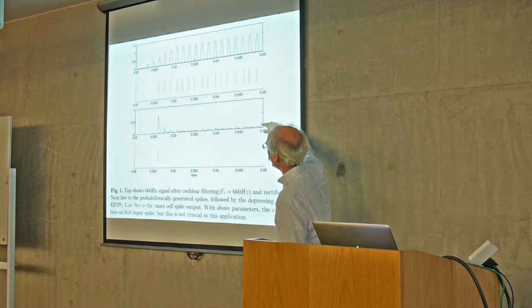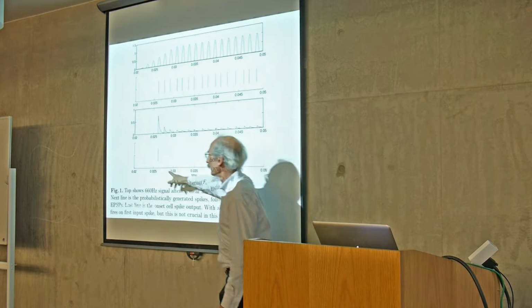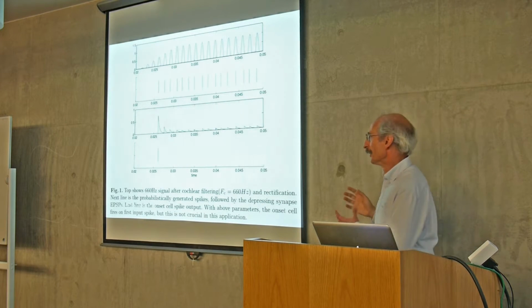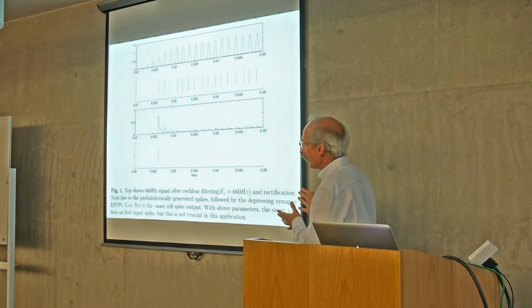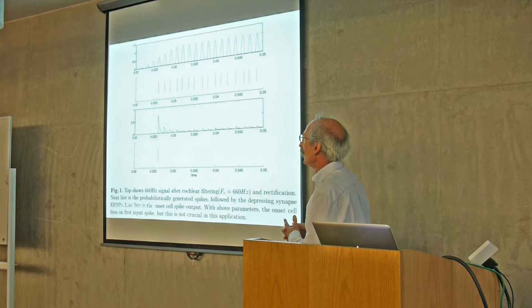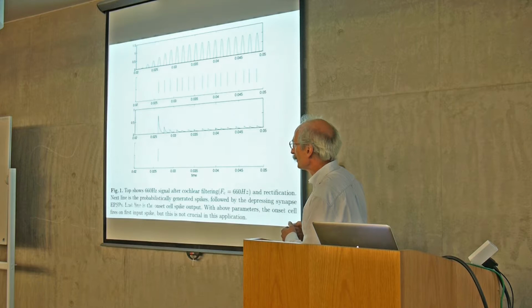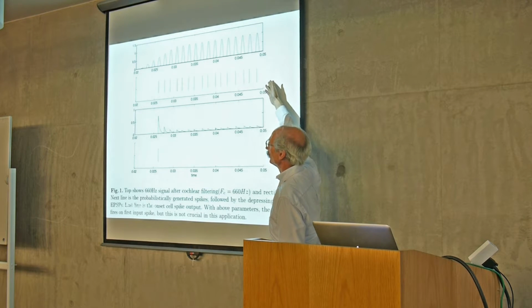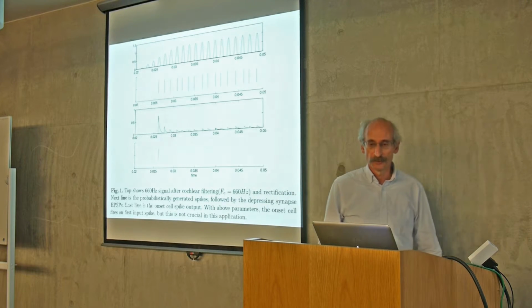There is the signal at the postsynaptic part of the depressing synapse, and there is the spike that gets generated by the onset neuron itself. What I want to note here is that I can generate quite precisely timed onset signals from these precisely timed auditory nerve-like signals.